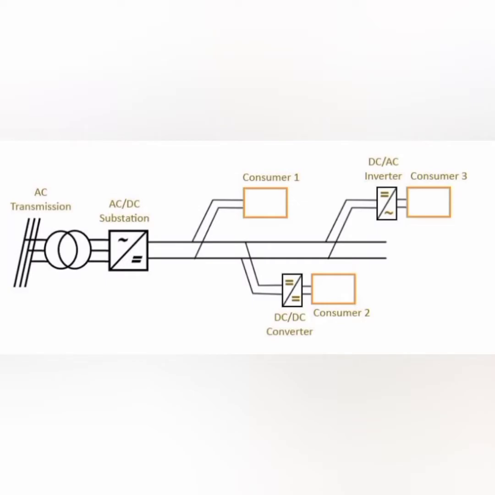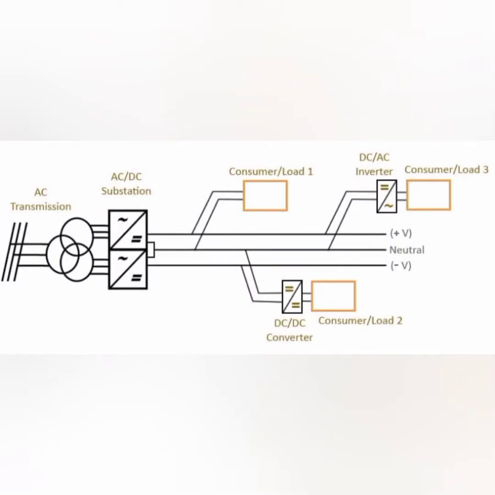Then after reaching your customer site or industrial sites or another substation, it is further converted from DC to AC. Here we use normal inverters for converting DC to AC, and it will be further stepped down and used for the consumers.